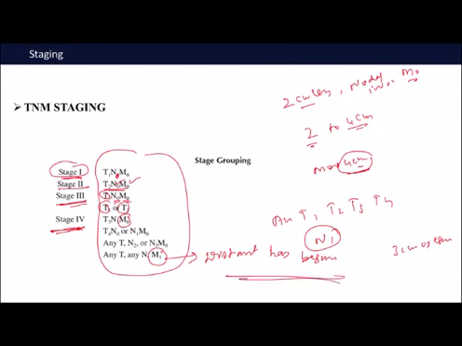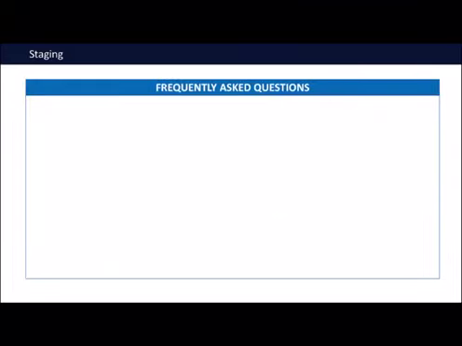So this is all about your TNM staging. This is how the TNM staging is usually classified for the oral cavity with the coding systems, right? These questions have been asked in exams many times. They usually give you case discussion questions, like a patient comes to you with a tumor of 4 centimeter invading adjacent structures like the mandible, right?